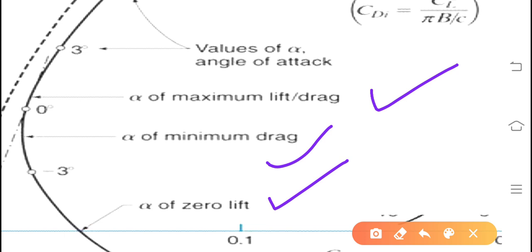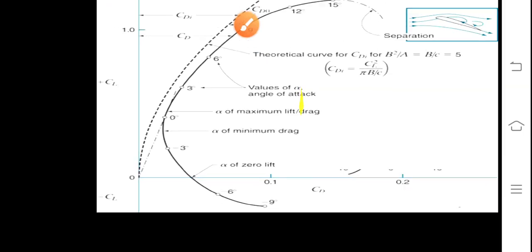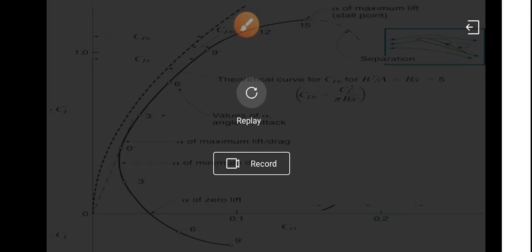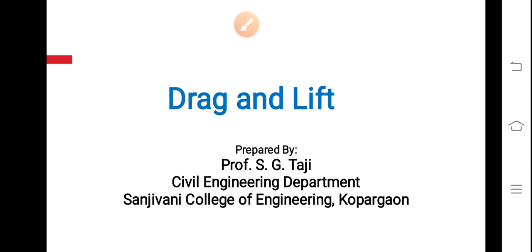It starts from 0, goes towards minus, minus 3, minus 6, minus 9 degrees, plus 3, plus 6, 9, 12, 15, etc. So up to around 15 degrees angle of attack we can find the maximum lift. That is known as the stall point, and the corresponding angle itself is known as the stall angle of attack. So this completes drag and lift. We'll continue in the next class.